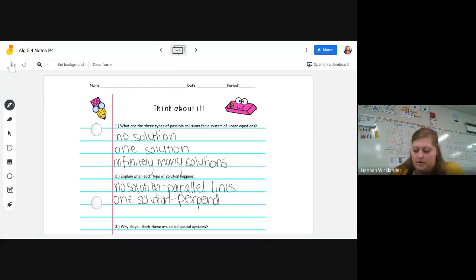Or no, not perpendicular, but if they're just two lines that touch once. And then infinitely many solutions is when they're the same line.